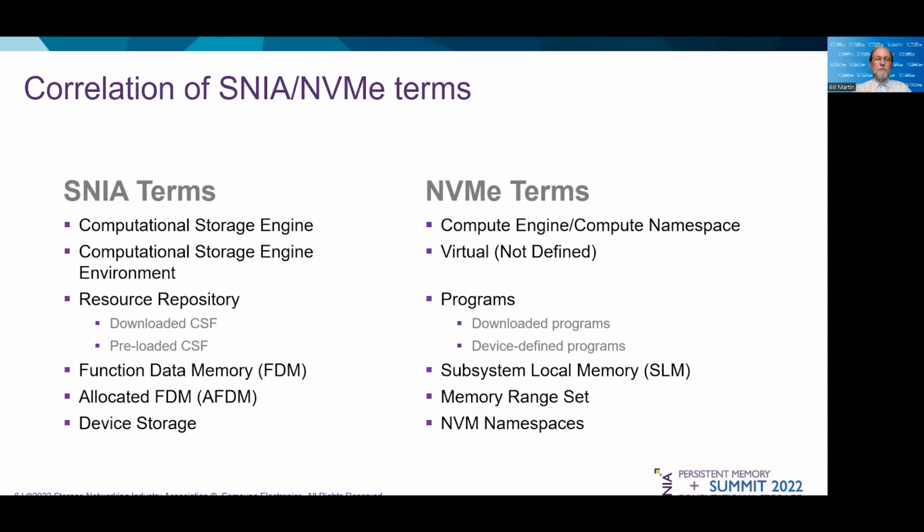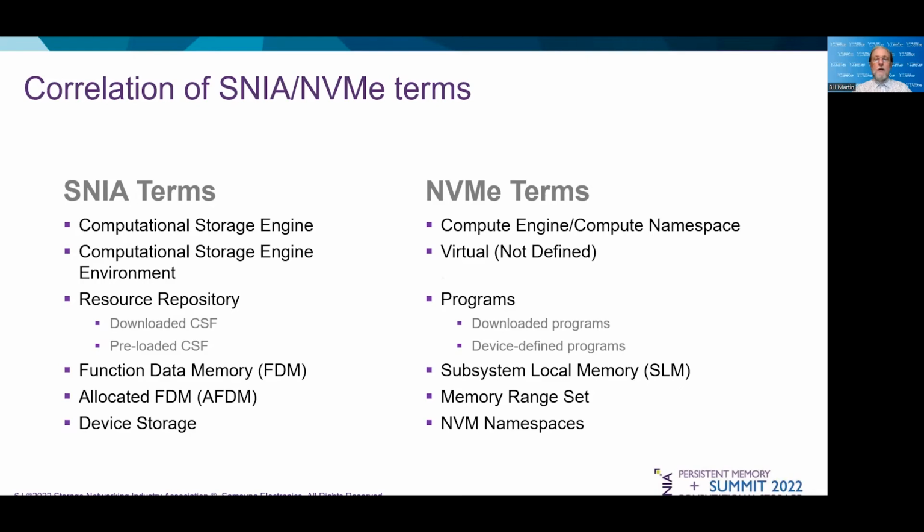The resource repository in the SNIA model contains downloaded CSFs and preloaded CSFs. It also contains downloaded CSEEs and preloaded CSEEs. In NVMe, we have the concept of programs. So one of the translations you have to make is between functions in SNIA and programs in NVMe. The two are equivalent.